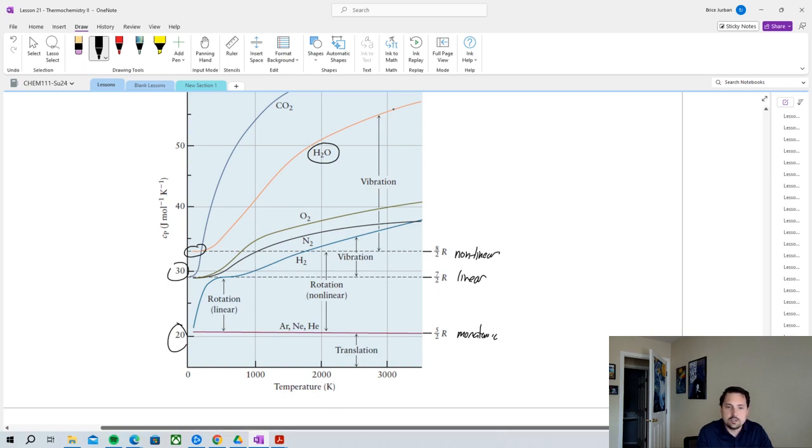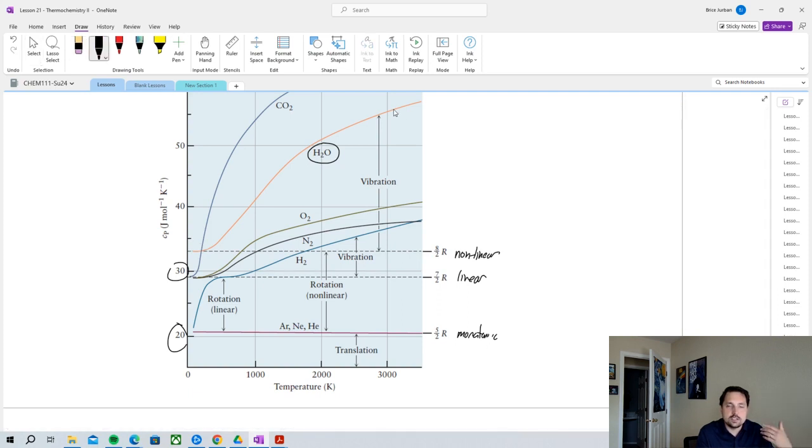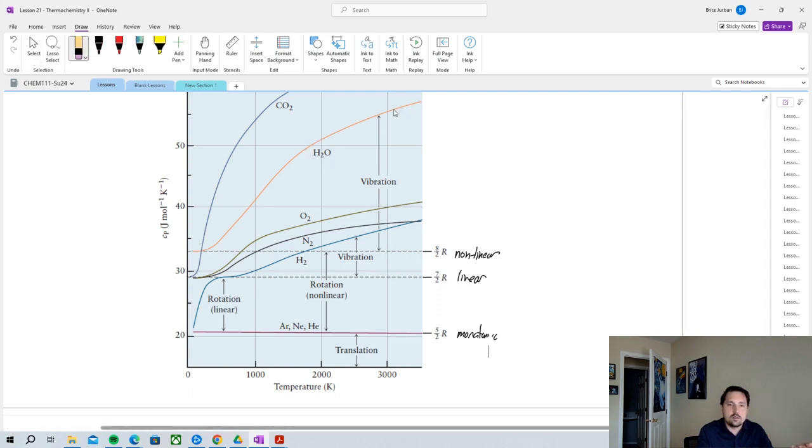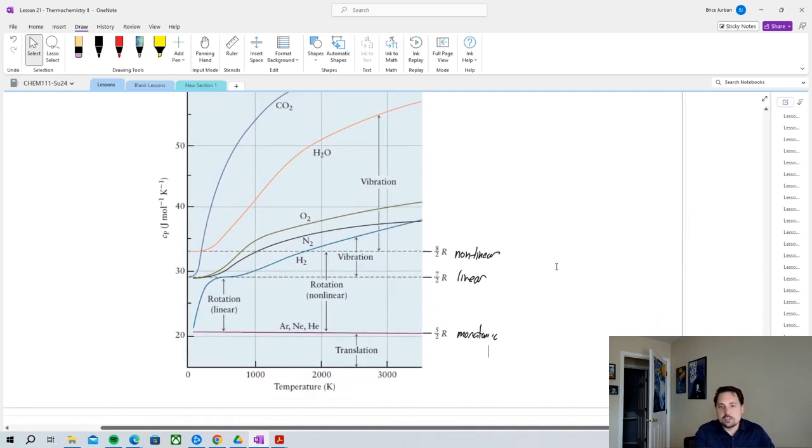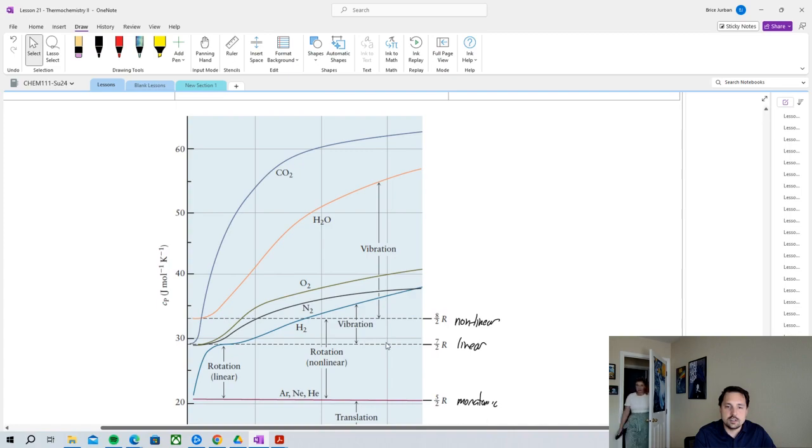And we've got translational, rotational, and vibrational components that add in and cause these molecules to absorb more heat or less heat, depending on each of those degrees of freedom. So when you go on to study more chemistry, you can study the vibrational modes, and that can actually help you distinguish different molecules using spectroscopy. And it's a really interesting thing that we can do.